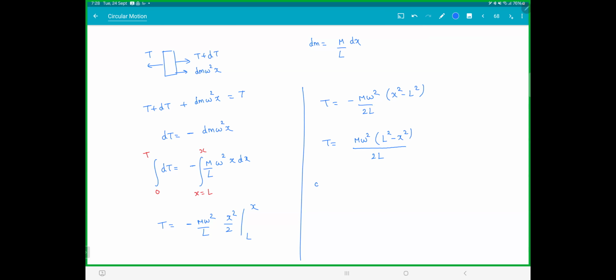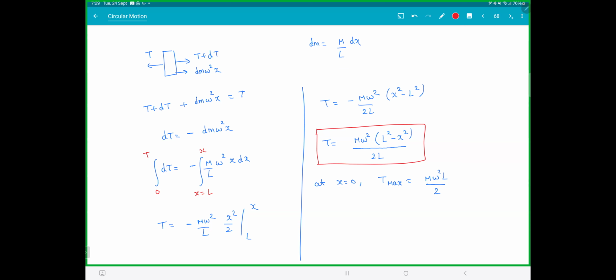Then you can clearly see at x is equal to 0, we have maximum tension, which is m omega square L by 2. That is the maximum tension in the rod, at the axis. So at a distance x, this is the tension. Whoever got m omega square by 2, you just goofed up the limits. That is the only mistake you did.